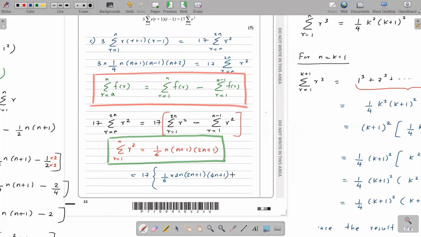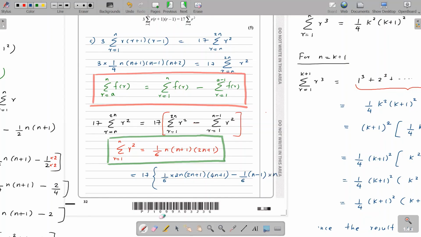Are you with me? Minus the summation of r square from 1 to n minus 1. In this case, we replace every single n with n minus 1, because we go from 1 to n minus 1. So 1 over 6, n minus 1, n minus 1 plus 1 is n, right?